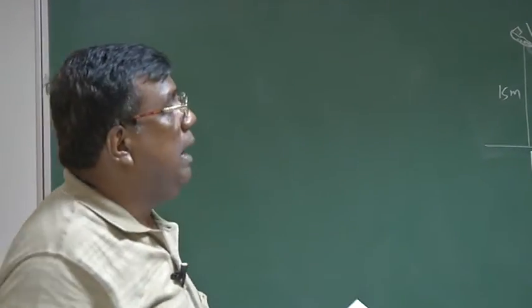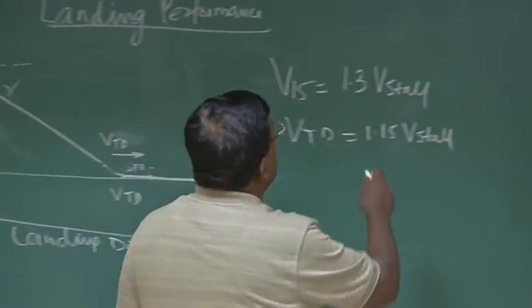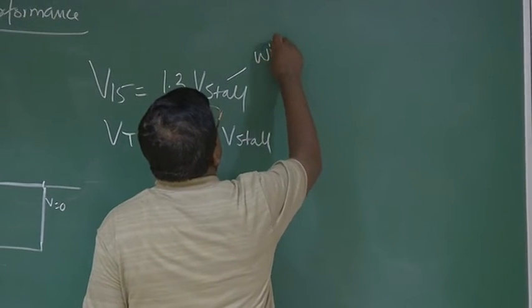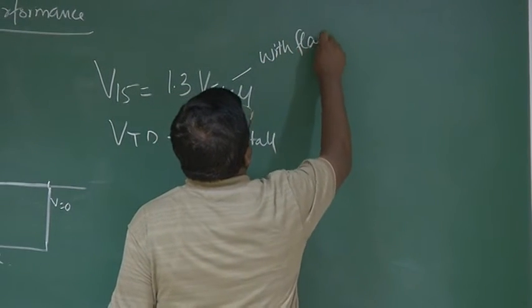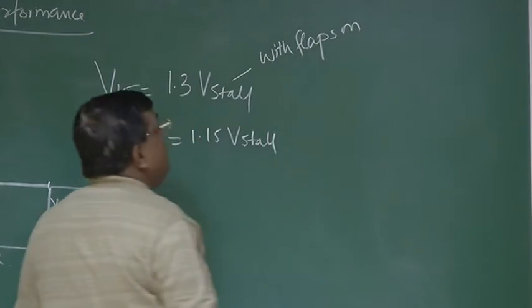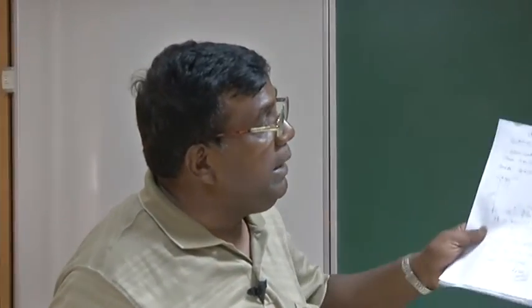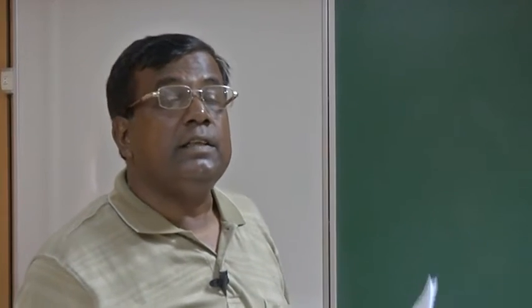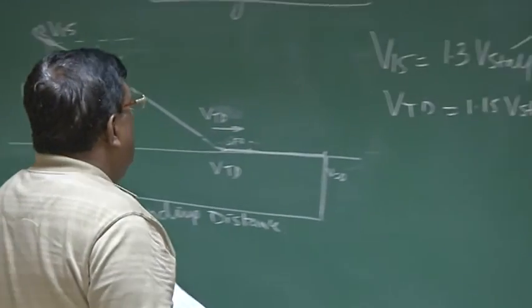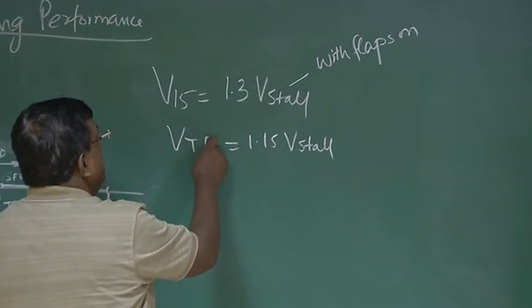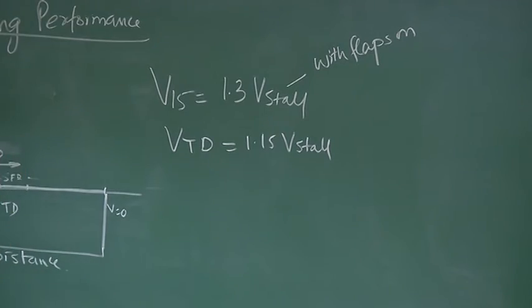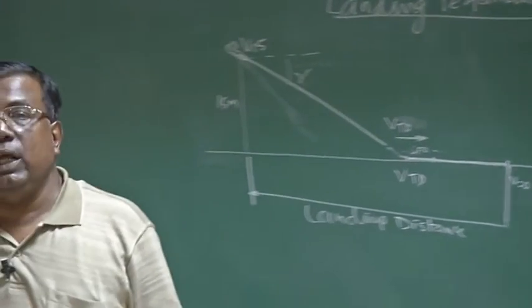But in this case, when I am talking about V stall, please understand this is with flaps on, that is, high lift devices are operative. The flap is deflected by 10 degrees, let us say 20 degrees. So when I am calculating V stall, I should take the CL max value with flaps on. Also, you must understand that V touchdown should be as low as possible to ensure that the impact on the structure is less.